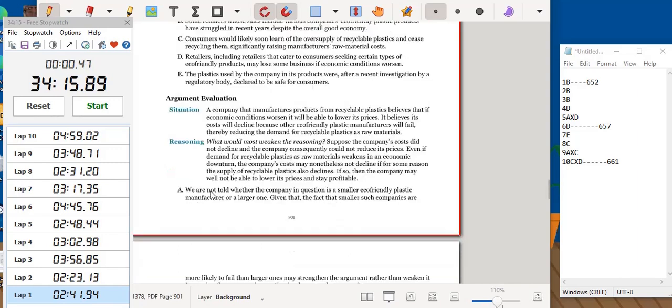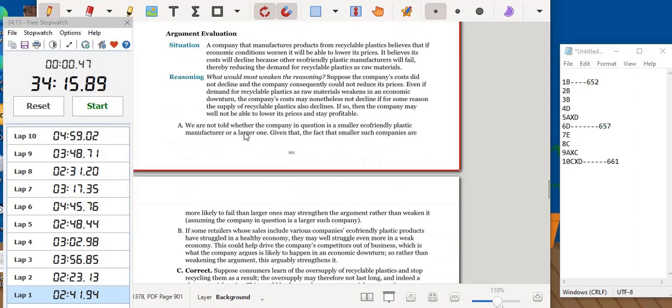Therefore it was my reasoning, but we are not told whether the company in question is a smaller eco-friendly plastic manufacturer or a larger one. Given that, the fact that smaller such companies are more likely to fail than larger ones may strengthen the argument rather than weaken it, assuming that the company in question is a larger such company.